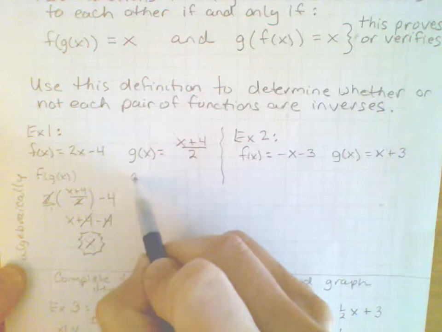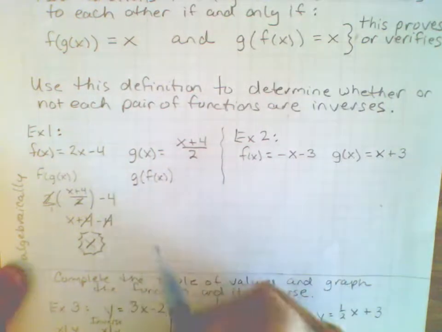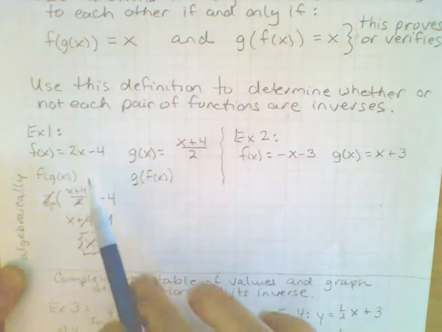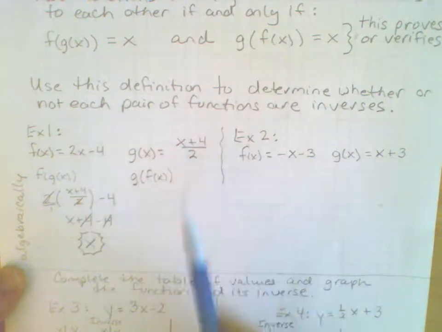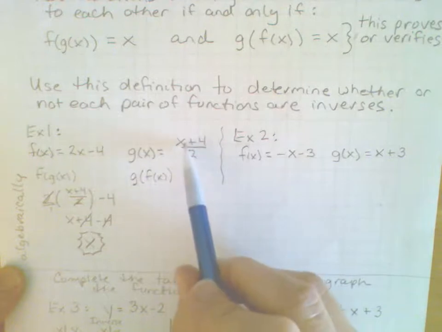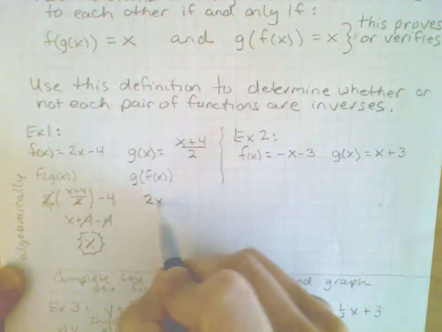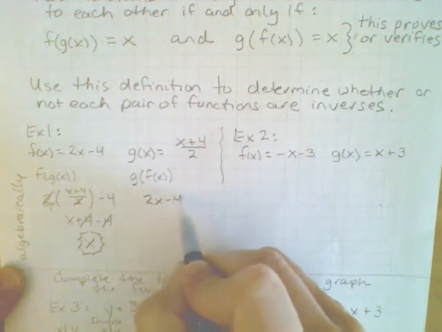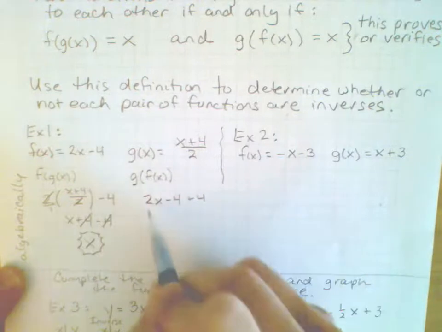So now I'm going to do that composition. Now I'm going to take function f and I'm going to plug it into function g where the x is. So I'm going to take out that x and I'm going to put in the 2x minus 4. Okay, then I have the plus 4, and that's all over 2.